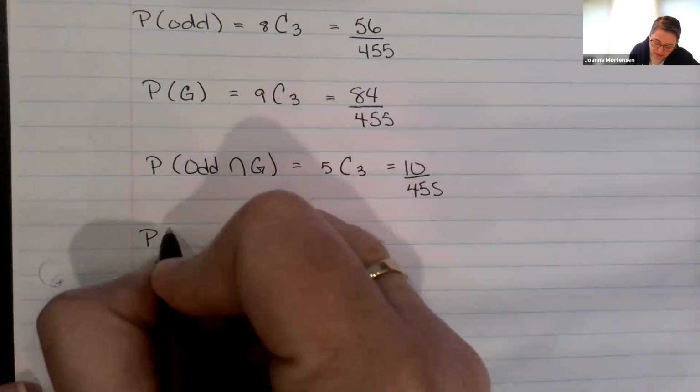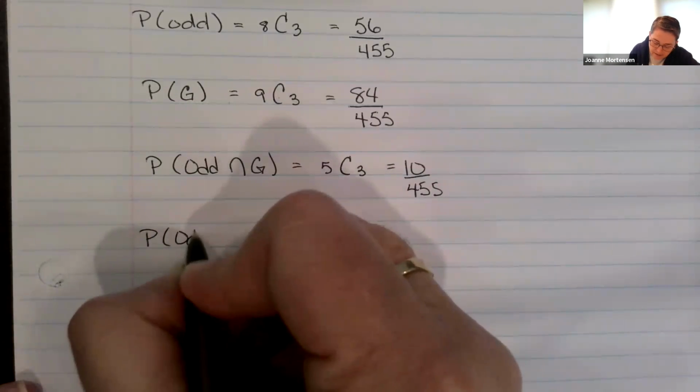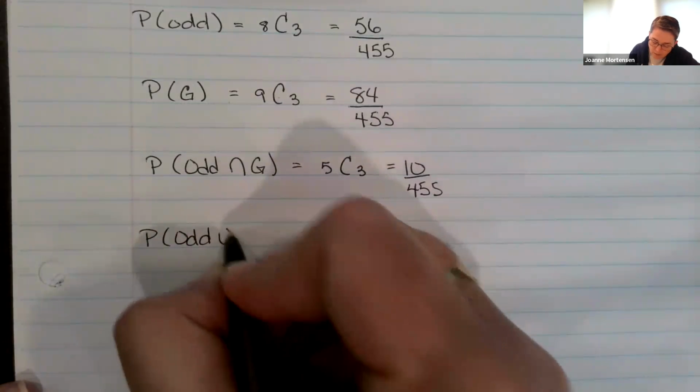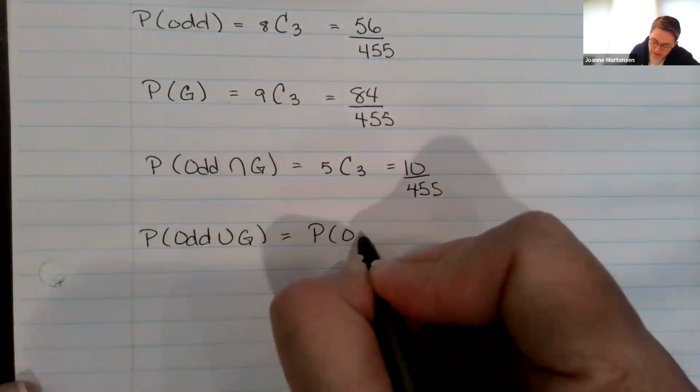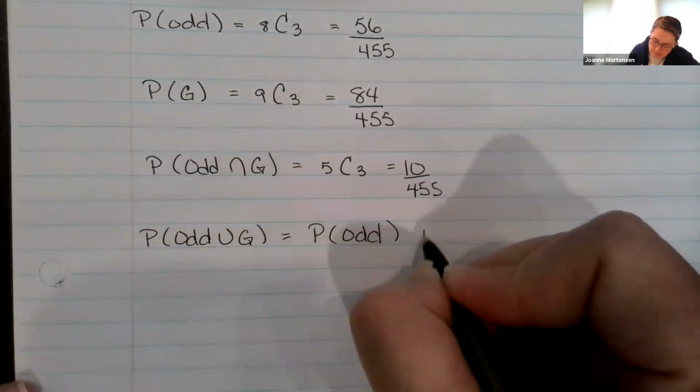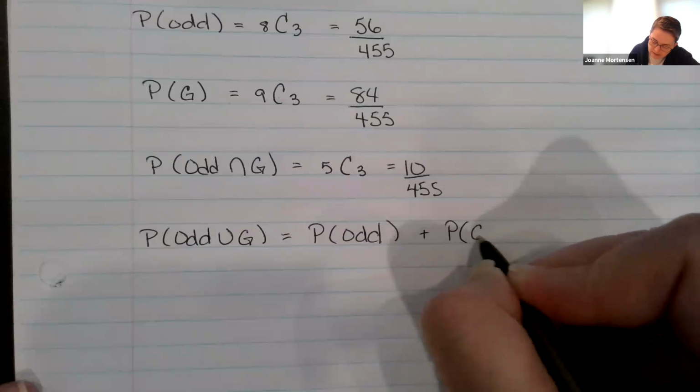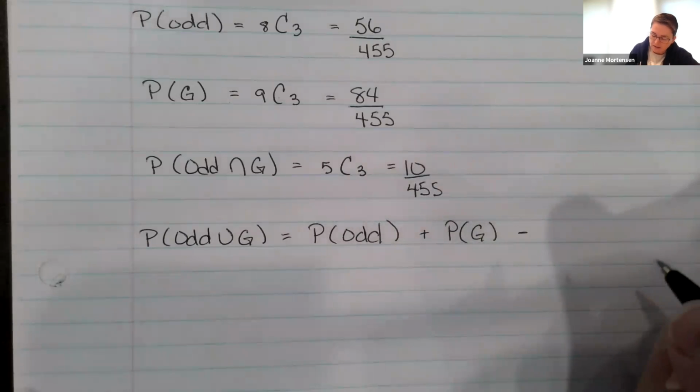So the probability of odd or greater than 6 is the probability of odd plus the probability of greater than 6 minus the overlap.